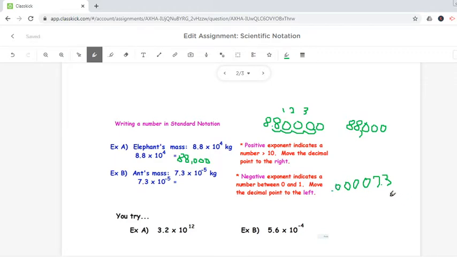There we go. So the decimal now is right there. So this is point, we have 4 zeros. 1, 2, 3, 4, and then 7, 3.